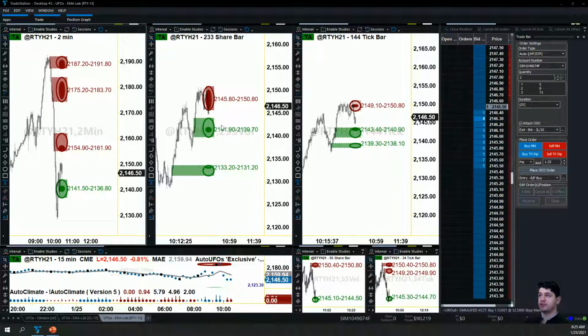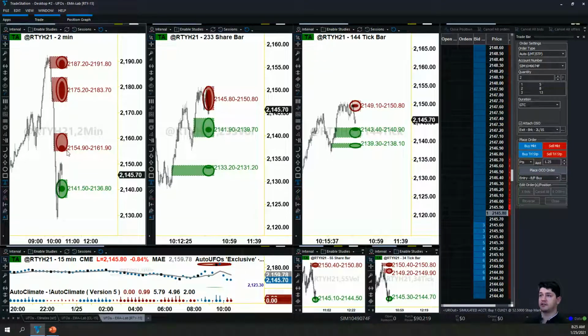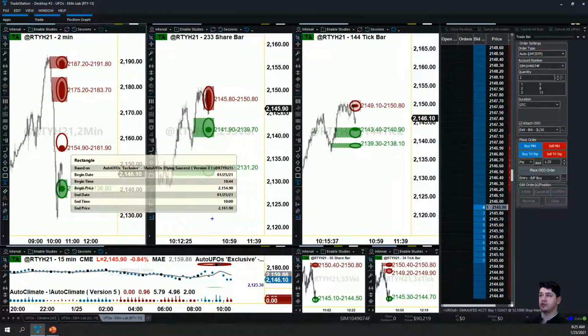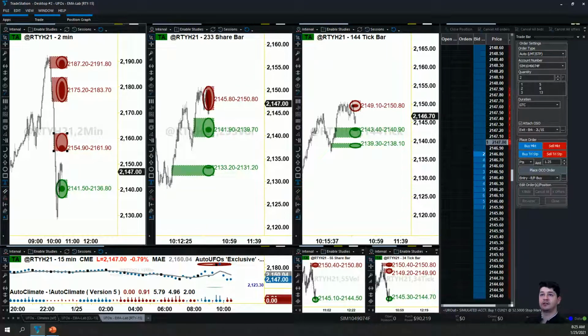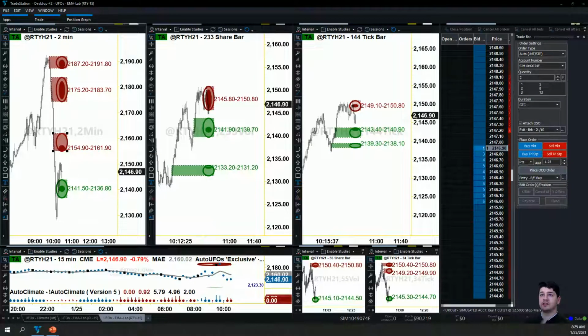So if we were to take this short at the beginning of this UFO, which is 2154.9, if we were to sell 2154.9 right at the bottom, and we had a stop loss of 2162, that is, no, that's not right.